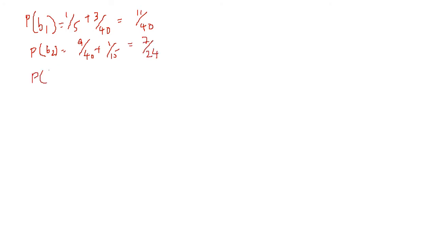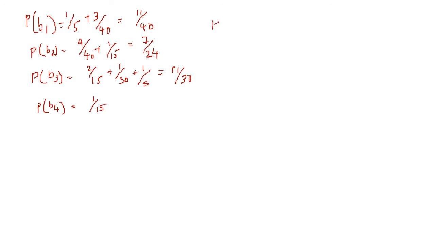P of B3, that is addition of the third column, 2 by 15 plus 1 by 30 plus 1 by 5. So it comes to around 11 by 30. Then the fourth column P of B4 will be equal to 1 by 15. There are no other elements in the fourth column.